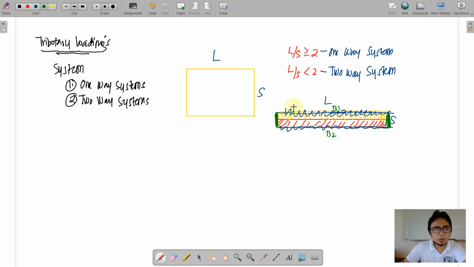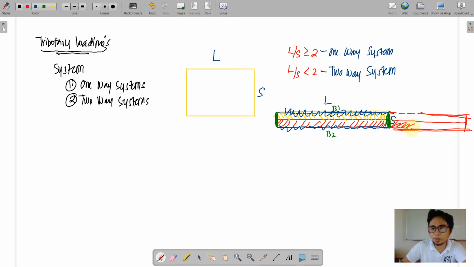So whenever there is an adjacent slab attached to the beam, for example, we have another adjacent slab here, another one-way slab here, again we are going to divide that one.